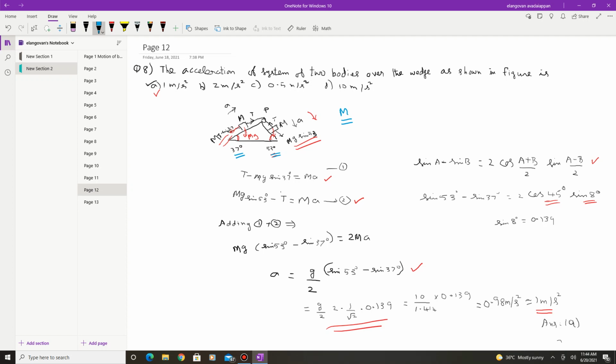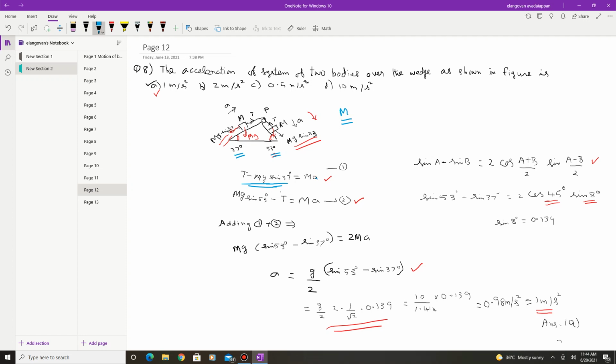Now here, as before, the component of the force acting on the left side mass along the direction of the plane is mg sin 37, and T is the tension force acting, of course. So the difference is the force acting along the plane on the left side, which is equal to mass times the acceleration.